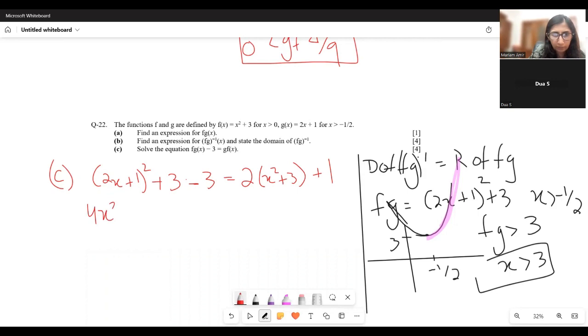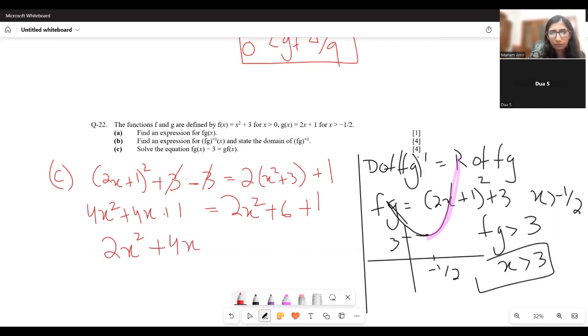a squared plus 2ab plus b squared equals 2x squared plus 6 plus 1. So 2x squared plus 4x plus 1 cancels on both sides, minus 6 equals 0.